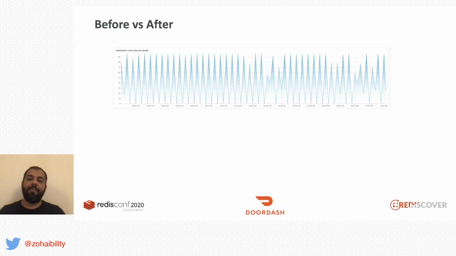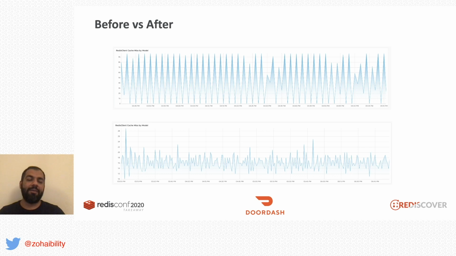Everyone is familiar with this graph where you have this spiky nature, and this is between the L1 and the Redis itself, but you would observe the exact same pattern between Redis and the database if you're doing the read through. So everyone recognizes this spiky pattern. Although Redis works pretty well, what if I told you that by applying these techniques, you can get something like this? So notice the difference.